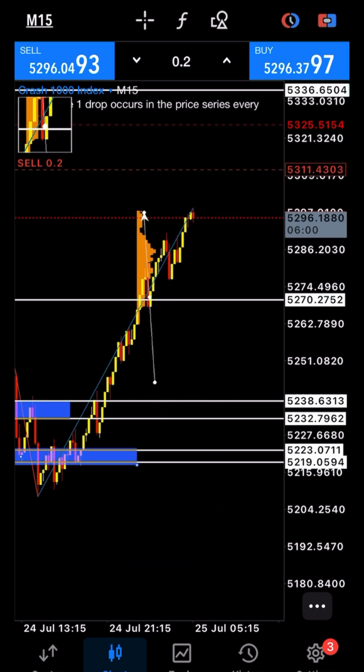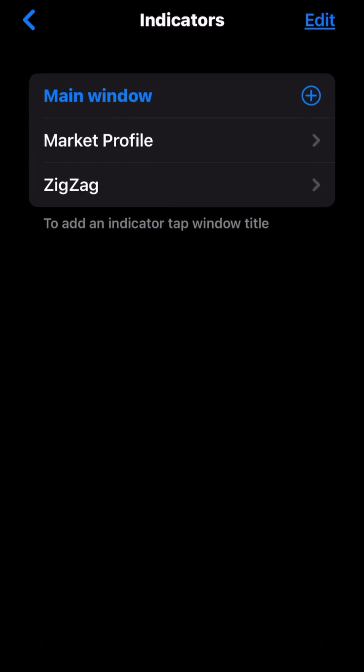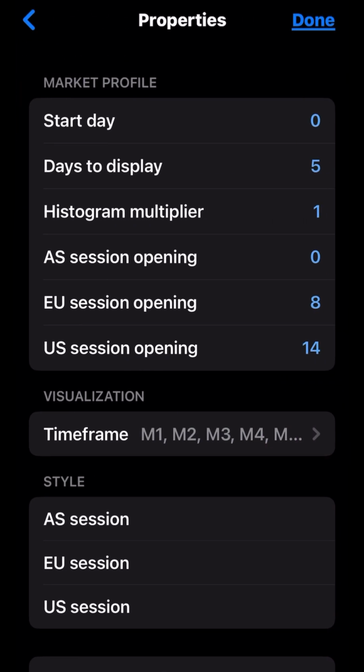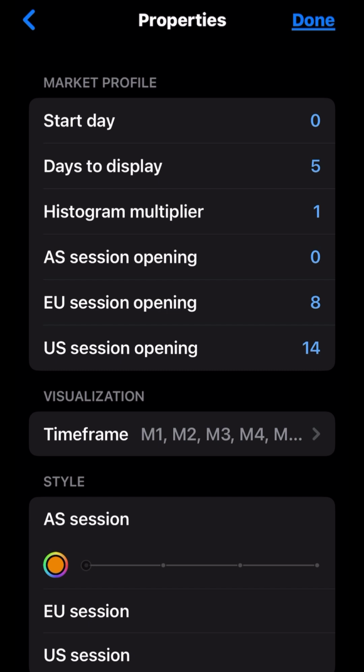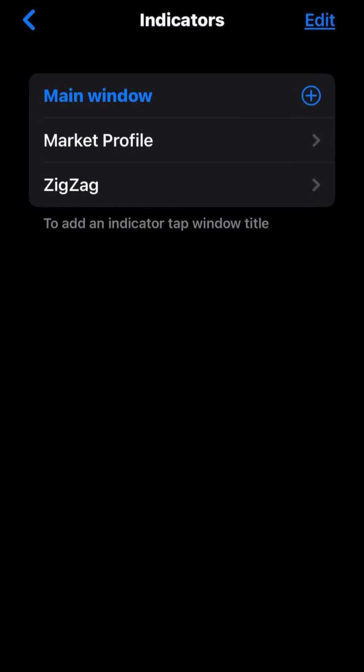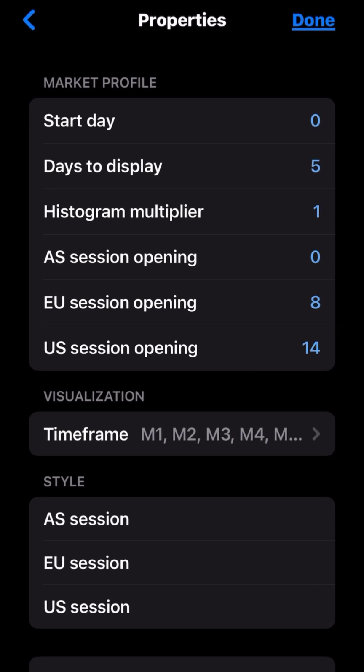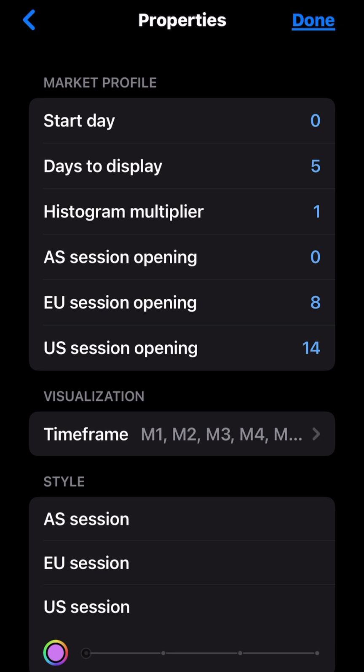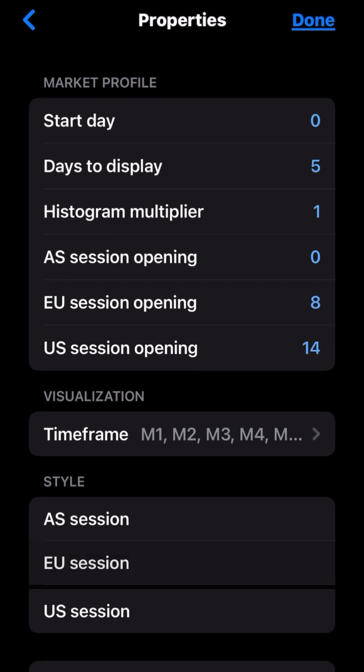Price, as we can see on this zone right now, the volume indicator is currently still generating. Now this orange is the Asian session. I told you guys that I love the US session and the Euro session more.